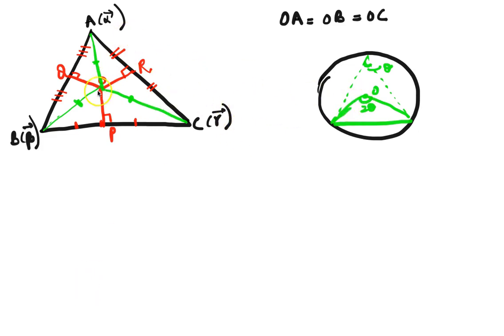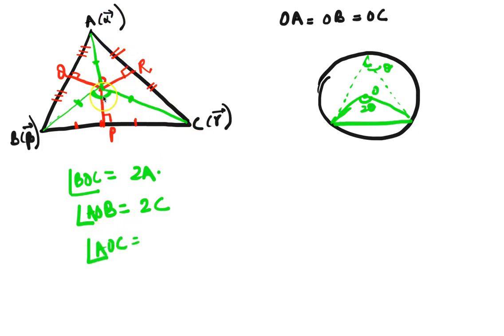So by this property, angle BOC is twice of this angle, 2A, angle AOB is twice of this angle, 2C, and angle AOC is twice of this angle, 2B.